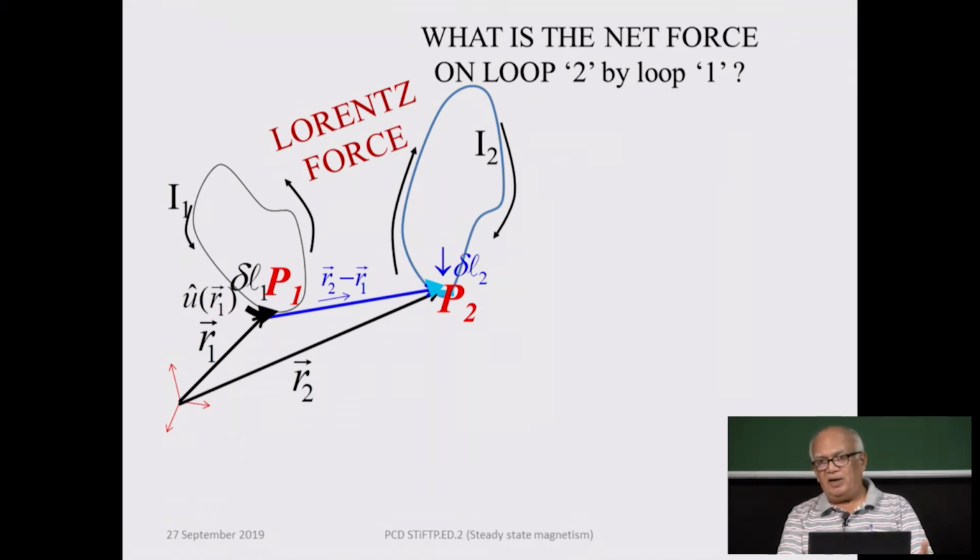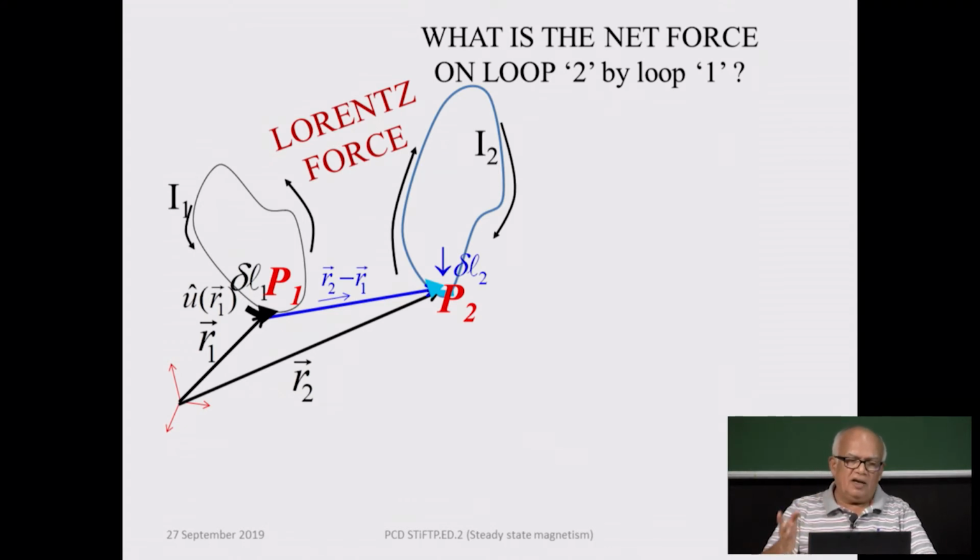The field of the current I1 we know from the Biot-Savart law and Ampere's law, but more appropriately from the Biot-Savart law, because Ampere's law applies to an infinite straight wire. Biot-Savart law is a fundamental law, and you can apply it to a current of any shape. So, you have a closed current, it can be a circle, it can be twisted, it can be warped, right.